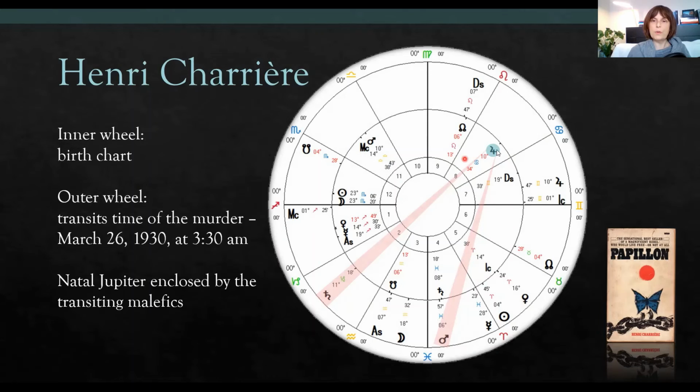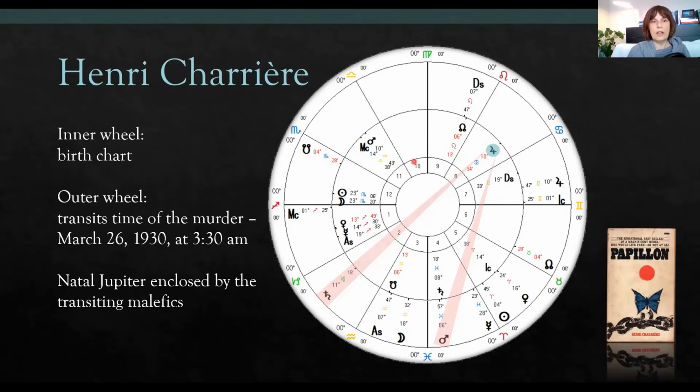His natal Jupiter is now enclosed by the transiting malefics. He denied having anything to do with the murder, but he was sentenced to life in prison and 10 years of hard labor in a penal colony in French Guiana. And that's a really tough sentence.